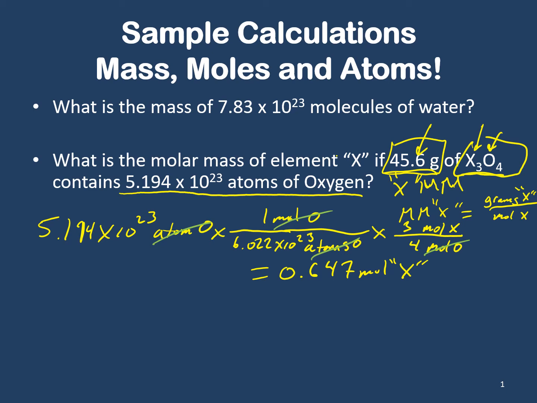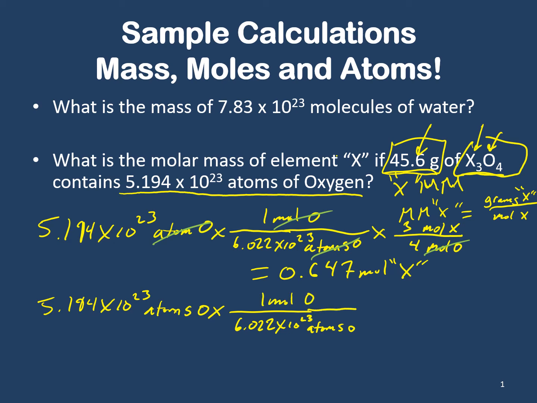Going back to this segment, we know 5.194 times 10 to the 23 atoms of oxygen are present. I can use Avogadro's number, 6.022 times 10 to the 23 atoms of O in 1 mole of O, and I know that the molar mass of oxygen is 16 grams per 1 mole of oxygen.